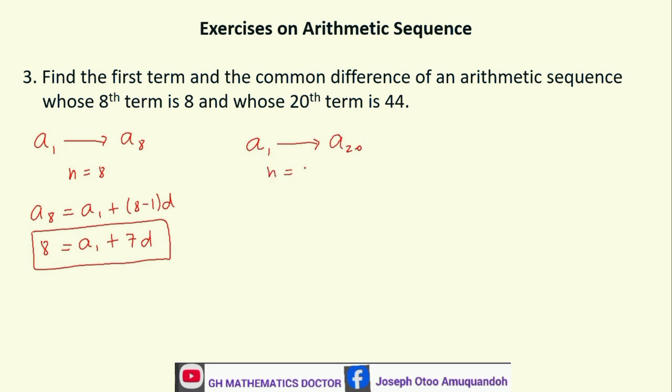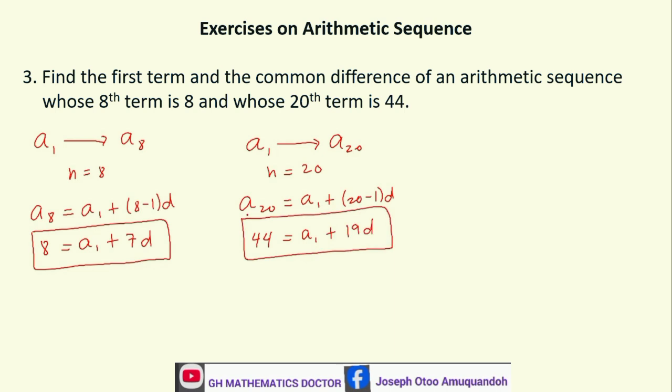The term that has been given is the 20th, so our n is 20. So when we do the substitution according to the formula, we equate it to 44 as it has been given. So our second equation will be defined here by doing the substitution.